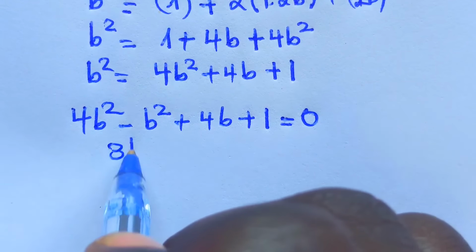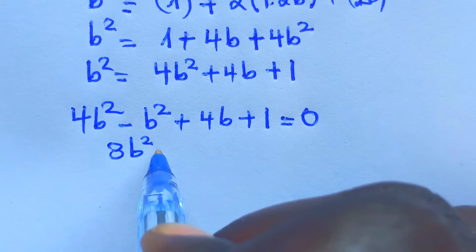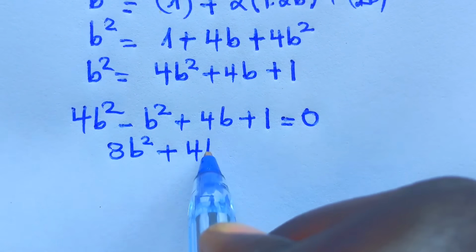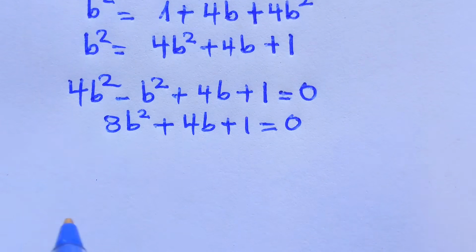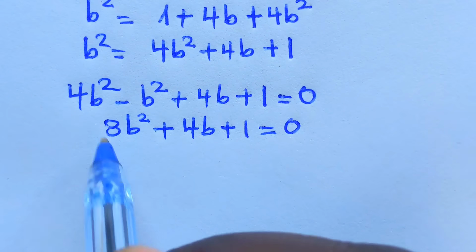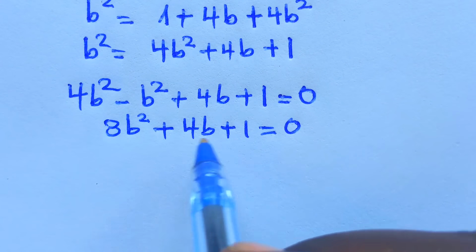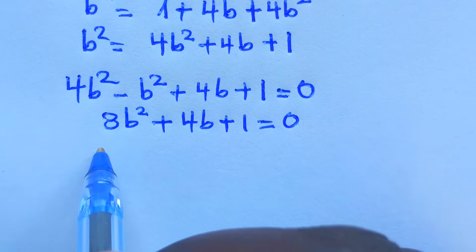And of course we have 3b squared + 4b + 1 = 0, so that two numbers can multiply together to get 3, and their sum is 4. It is 3 and 1.